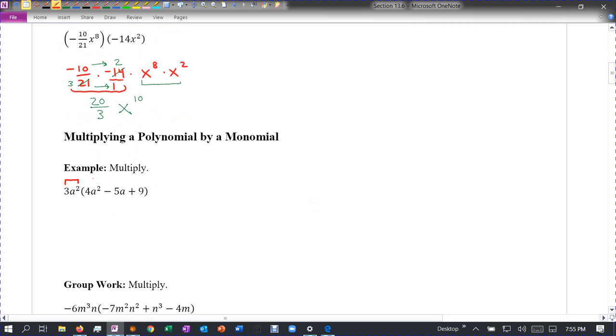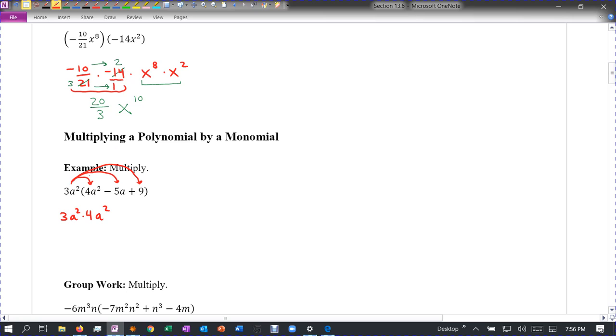Okay, now let's try and do a monomial, not times a monomial, but times a polynomial. So we have 1, 2, 3 terms here being multiplied by a single term. So the way we do this is we distribute. So we multiply here to here, here to here, and here to here. So let's do that first multiplication. We're going to go 3a squared times 4a squared.